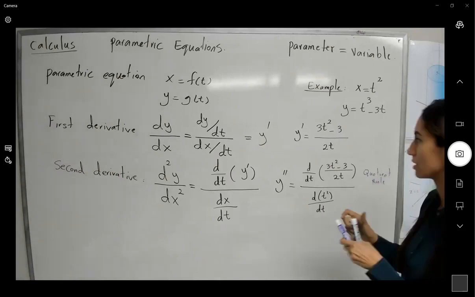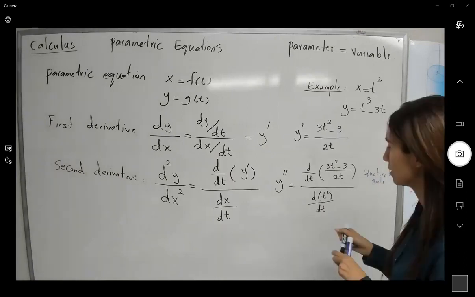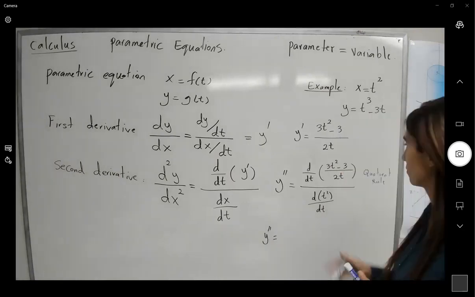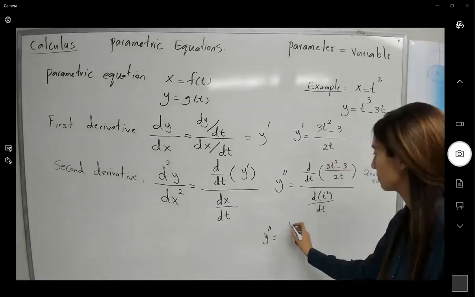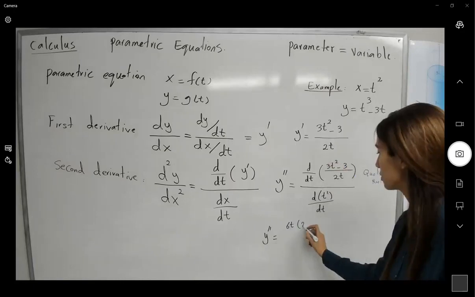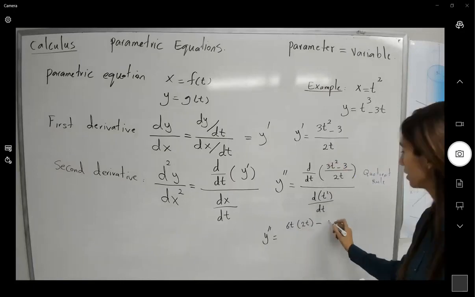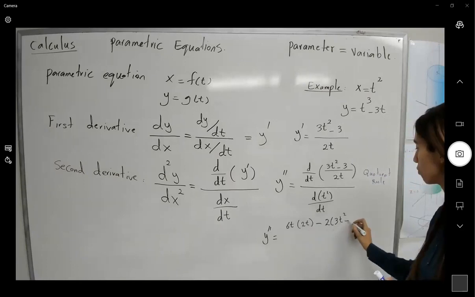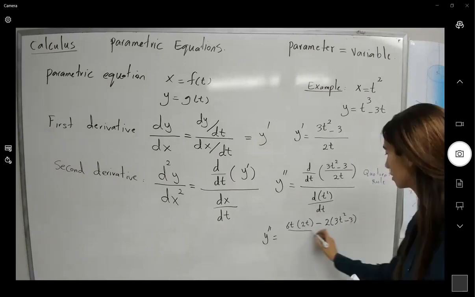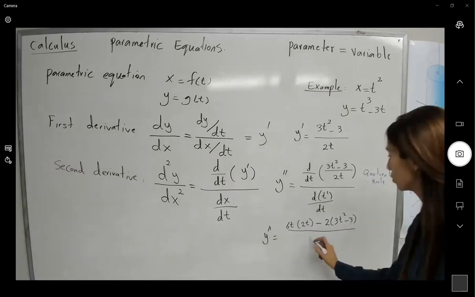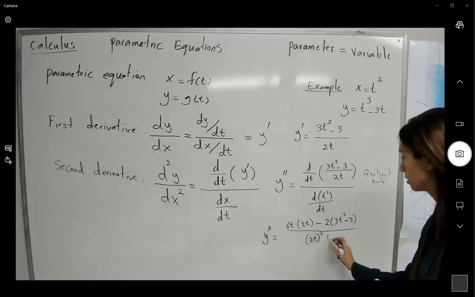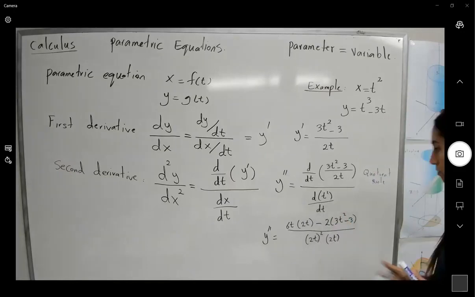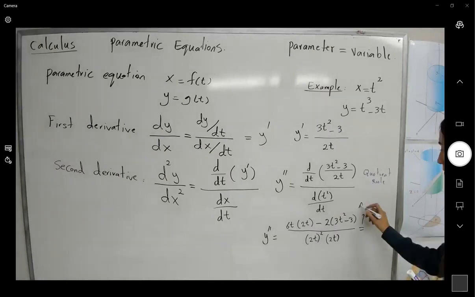So the second derivative is equal to, the derivative is 6t times 2t minus 2 times (3t squared minus 3) divided by (2t) squared, and here you get 2t. The rest is algebra, simplifying the whole thing.